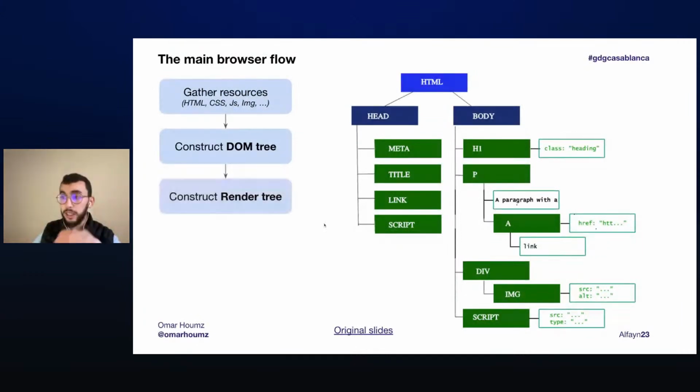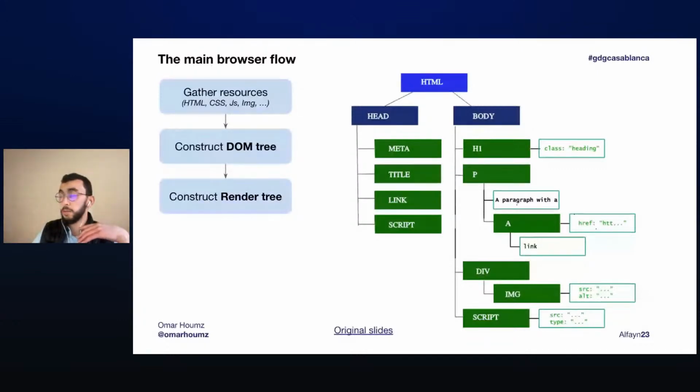The next step is the render tree. What is the difference between the DOM tree and the render tree? The DOM tree contains all the nodes, scripts, images, the meta, title, and link elements that are in the head. But the render tree contains only the elements that we see, the elements that will be rendered on the browser. For example, in the DOM tree we can see the head, but on the render tree there will be no head because by default we don't see the head.